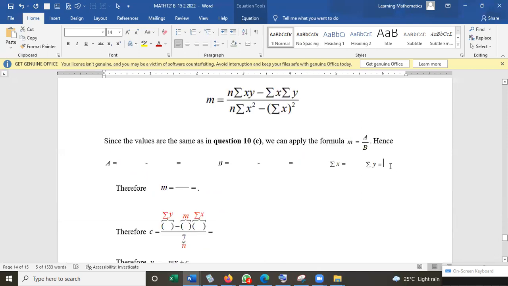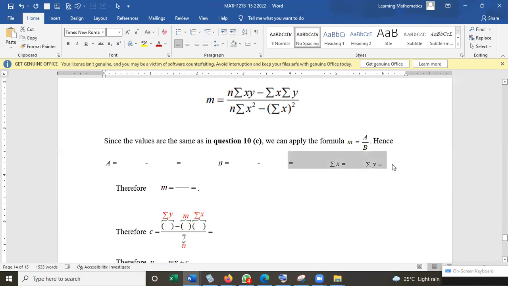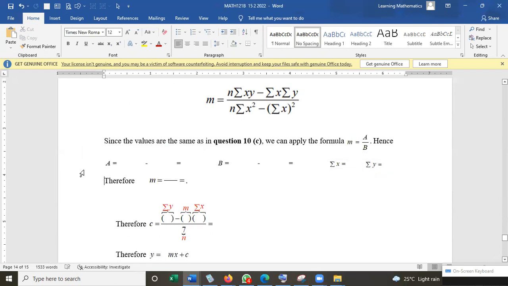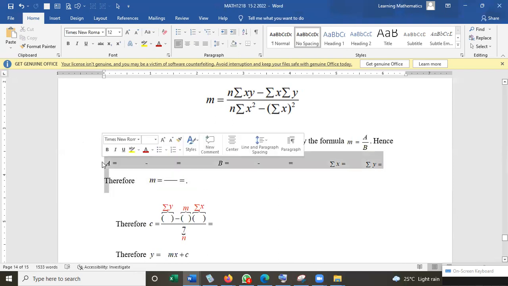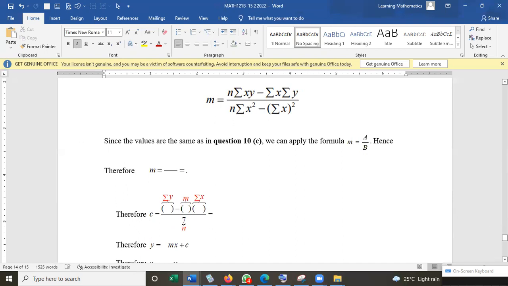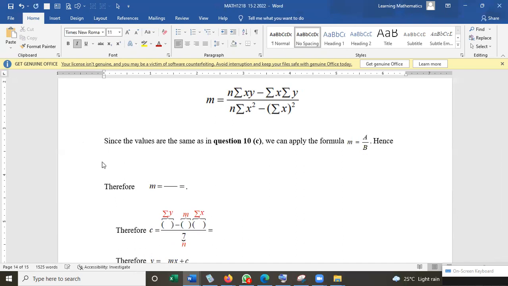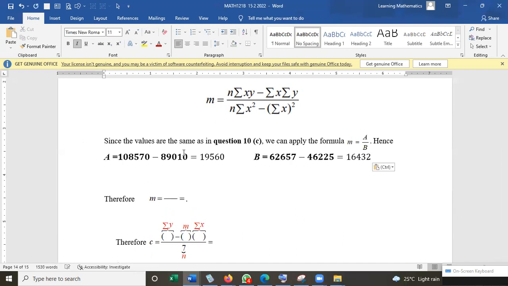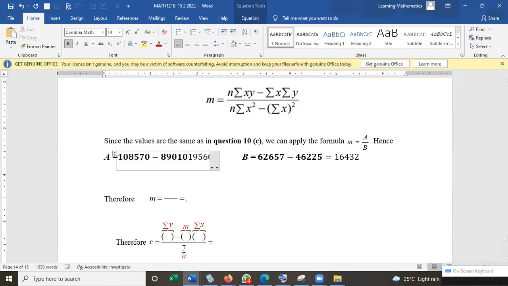Okay, so we can delete this row. That was from offline more or less. Here. So A is 19,560. B is 16,442.